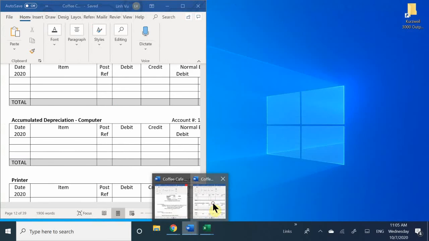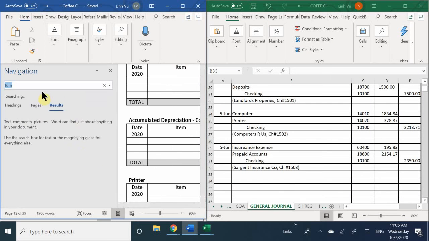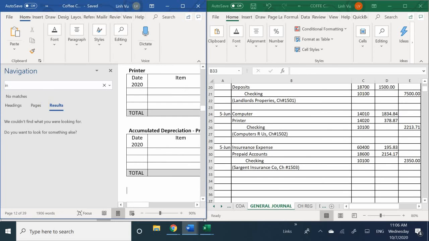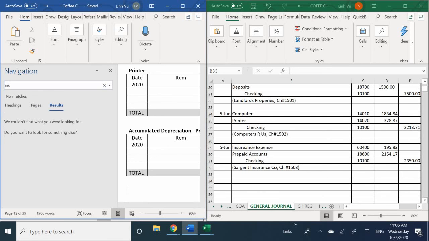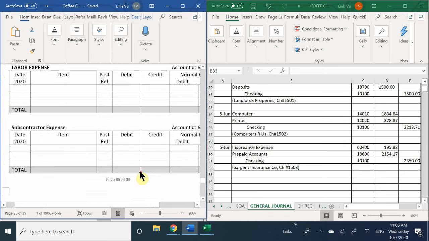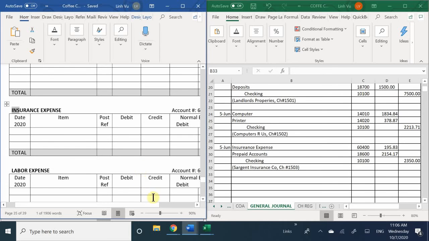For the Word document, insurance is going to be on page 35 out of 39. So page 35 is where the insurance expense is going to be.